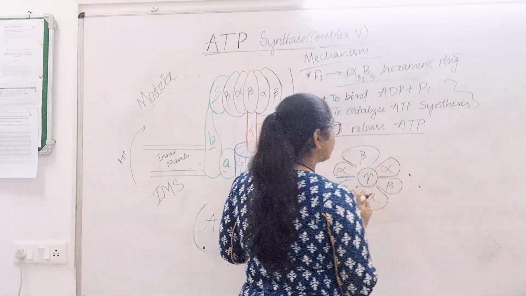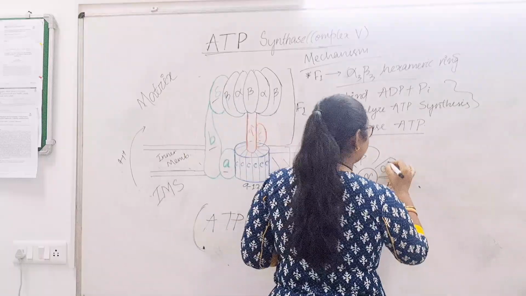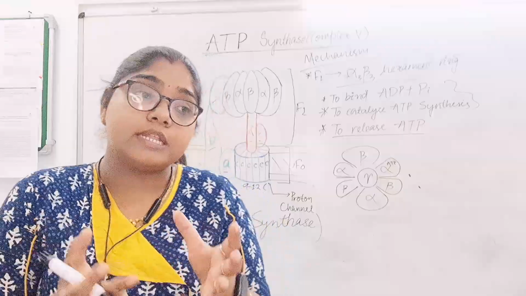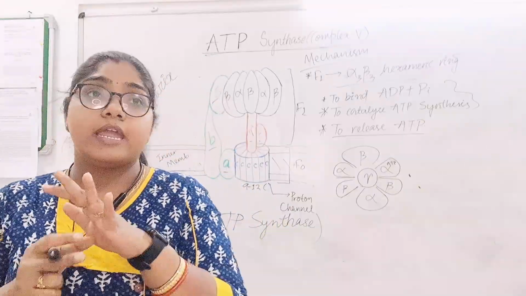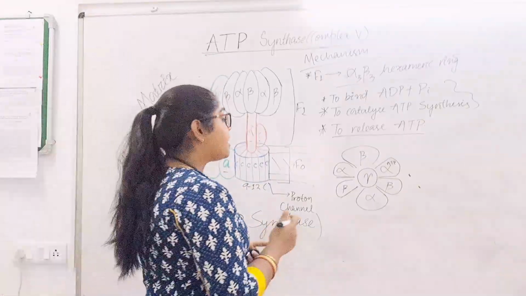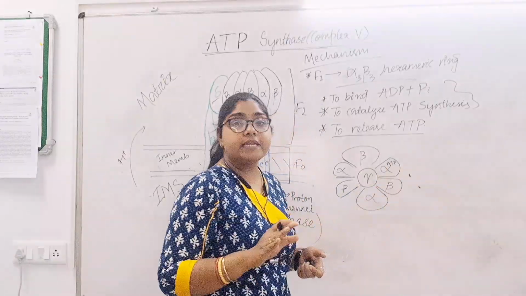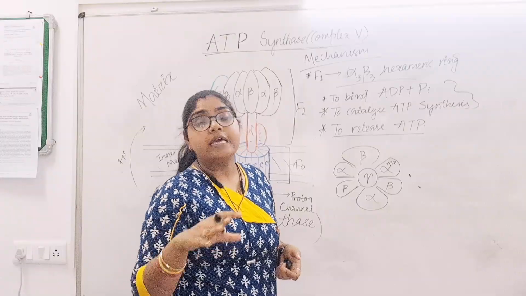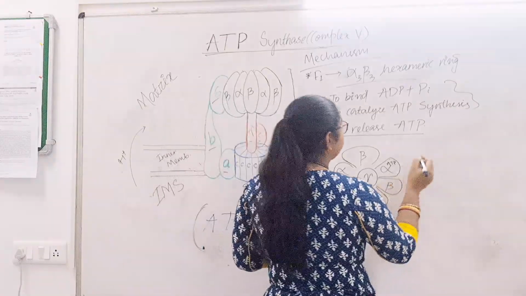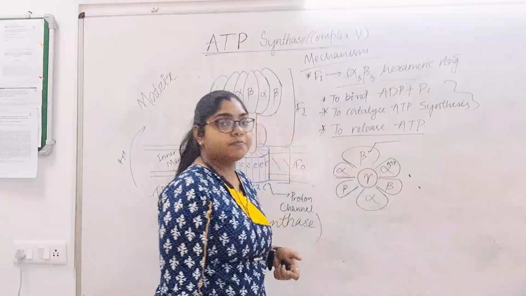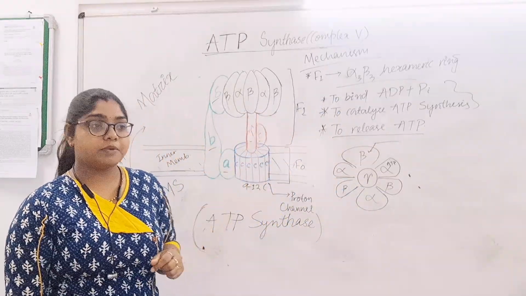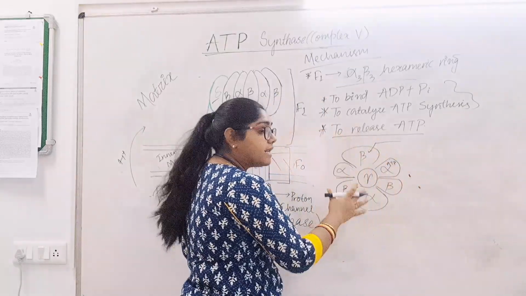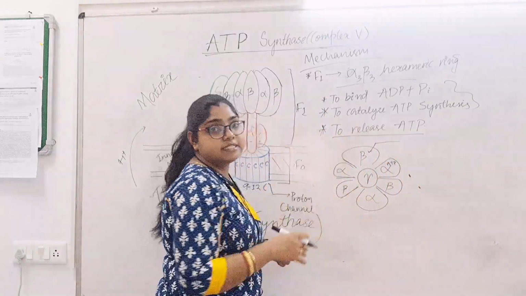So alpha has its own bound ATP. But the problem is it does not release the ATP, neither does it take part in any type of reaction. So alpha does not participate in any reaction, and though it has a bound ATP, it does not release the ATP. So the main site of ATP synthesis is the beta subunit. Okay, the main site is the beta subunit.